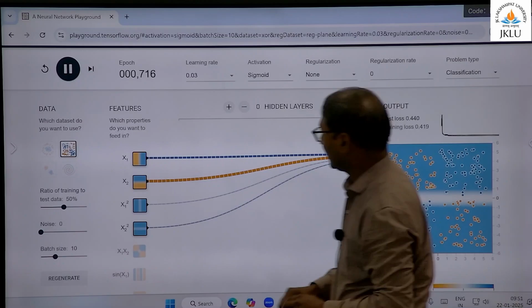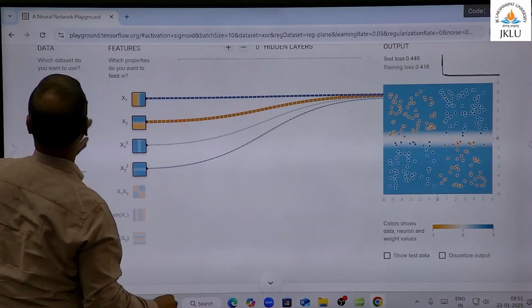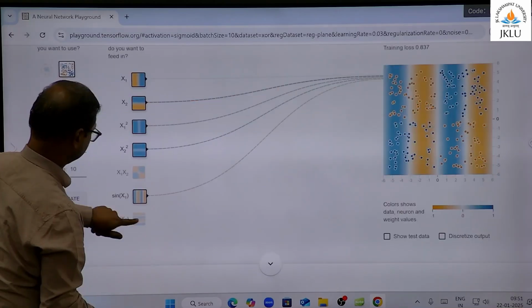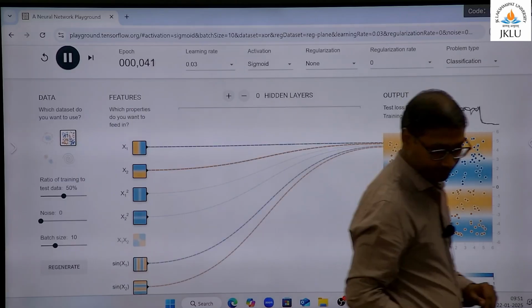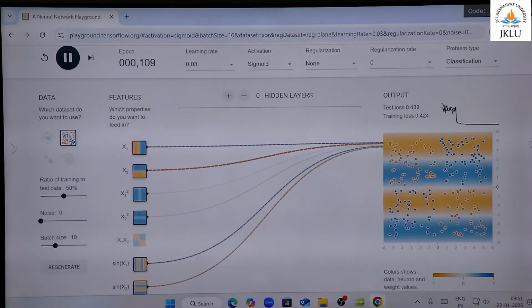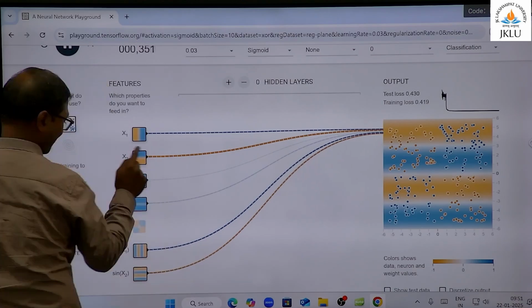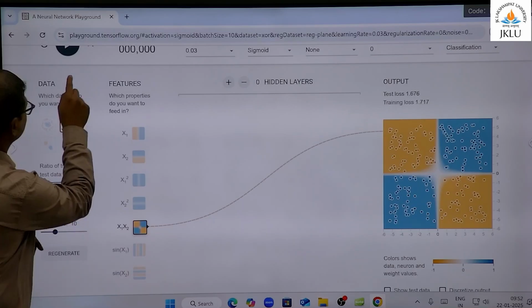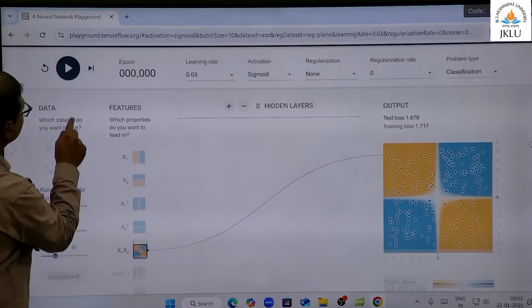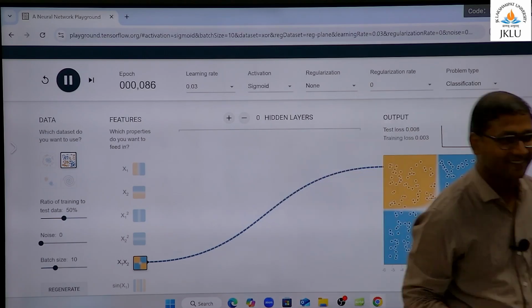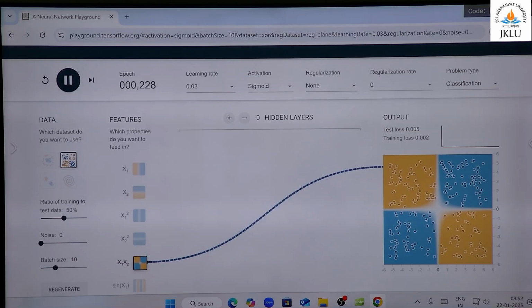So it does not work. ये लो. हाँ? What does it mean? You have to have the right features.